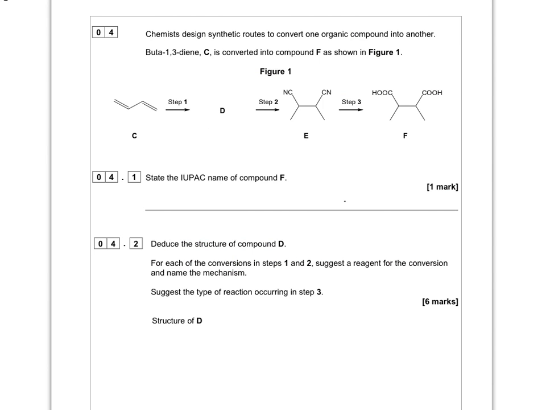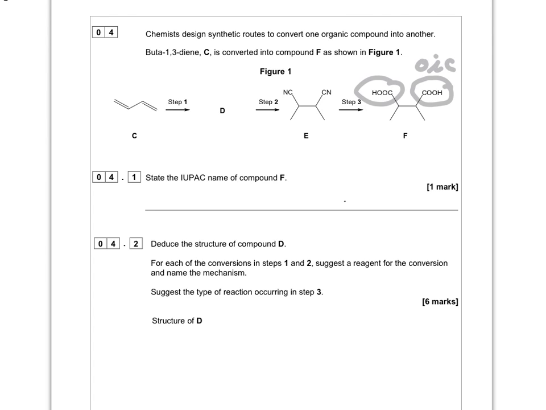So in this question, we're looking at a synthetic route. And the first question is asking us how to name compound F. Well, first of all, if we look at these groups here, we know they're carboxylic acids and we know they end in oic acid.